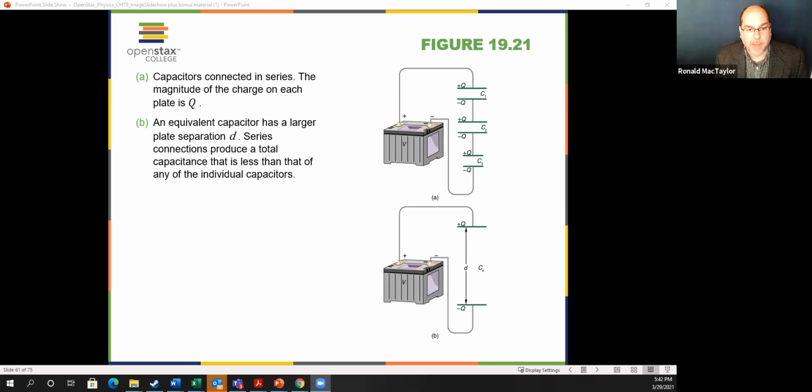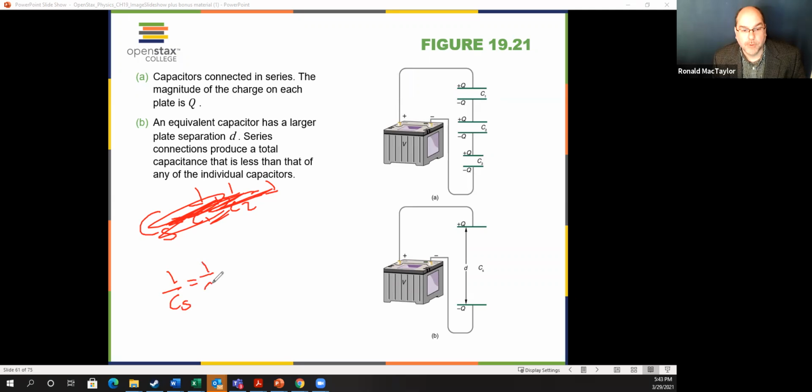Capacitors in series: 1 over CS equals 1 over C1 plus 1 over C2 plus 1 over C3.